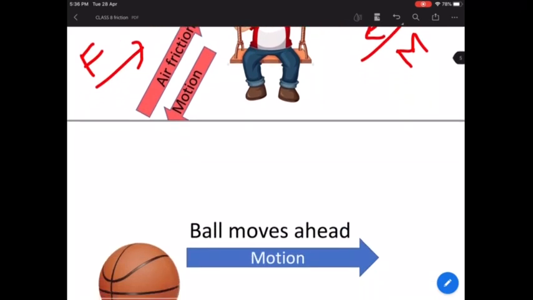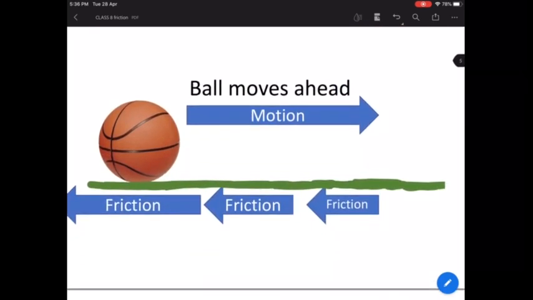Now let's also understand where all a frictional force acts. So this example we have already studied. When a ball moves ahead continuously, while in touch with the ground, the ground is providing an opposite force which is opposite to the direction of the motion of the ball, okay? Because of that opposing force, because of this resistive force, the ball comes to a halt on its own.